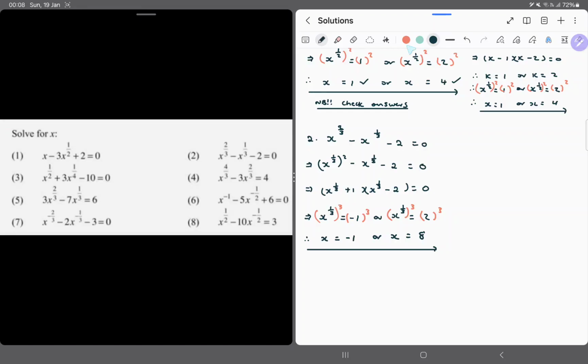Now, is that true? Yes, we need to check it in the original. And you can still use the K method, I'm not going to show it again. So we put minus 1 where x is. Let's just check it on the calculator. But for me, this is nothing but minus 1 to the exponent 1 over 3, to the exponent 2 over 3.